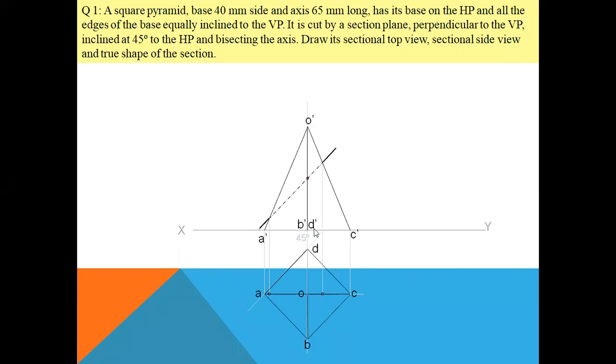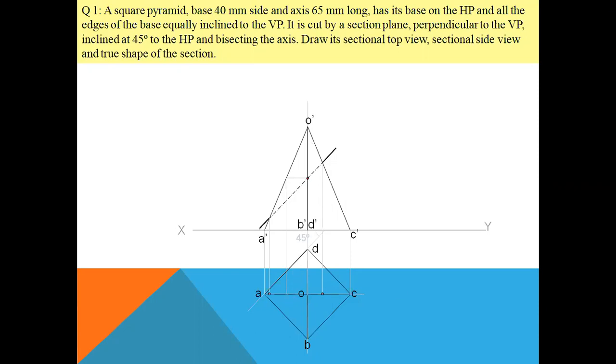Now, what about this B dash and D dash? Because this line, we cannot take a projection because it coincides with each other, right? We cannot cut. We know that there is a cut line, but it is coinciding. So what we'll do is, we'll take the radius here and whatever is the dimension, we'll put the compass here at O on the top view, okay?